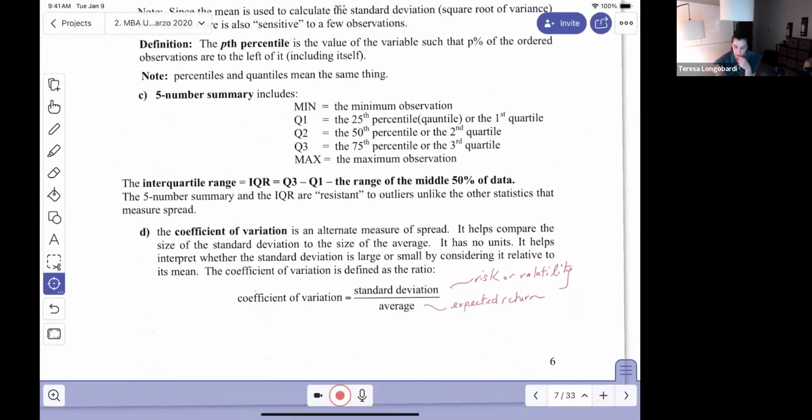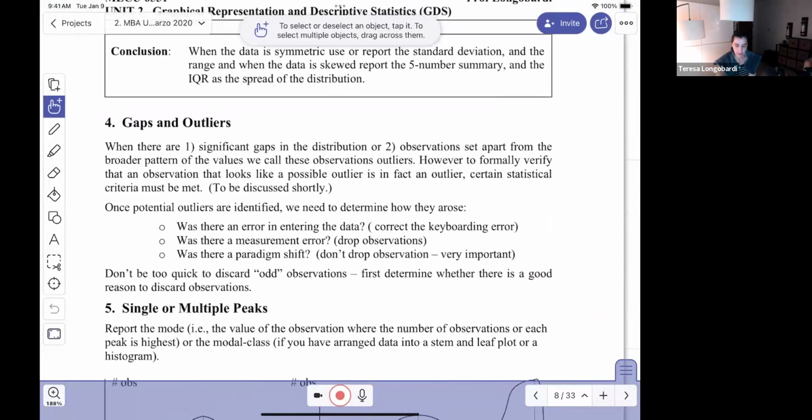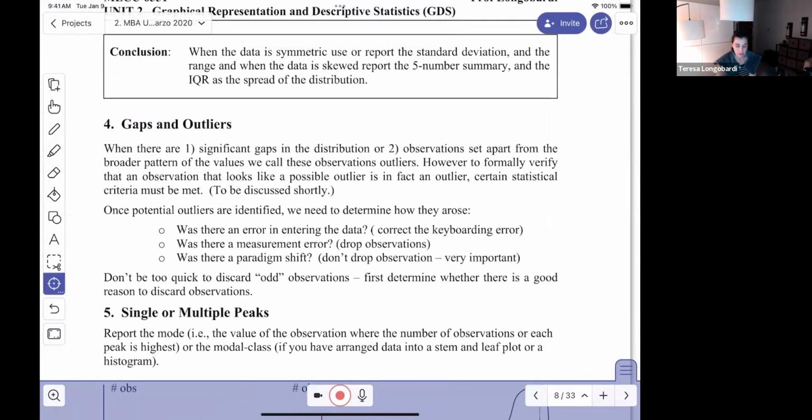Okay, so we talked about peaks, gaps, and outliers, and just a point about gaps and outliers. When you find an outlier, like I said, you need to investigate. Is this a data entry error? If it is, try and fix it. Is it a measurement error?